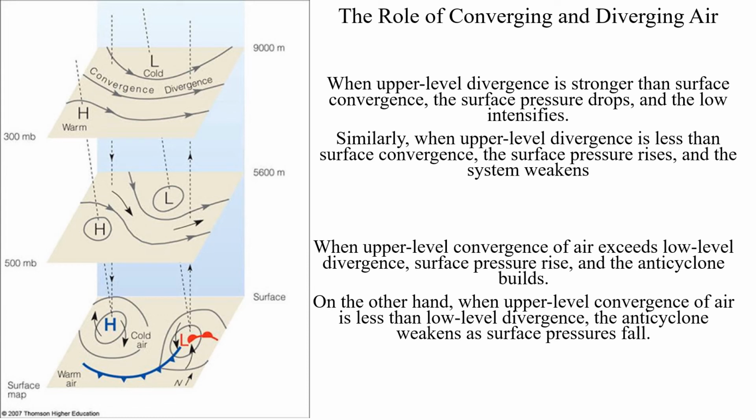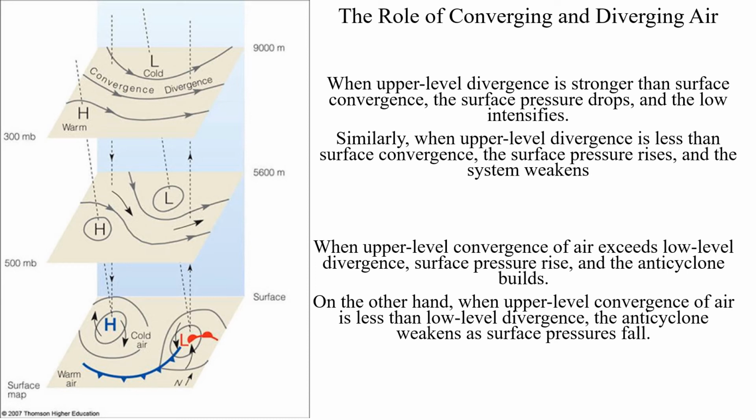We know a ridge means a high pressure system, and this closed high at 500 millibar becomes a ridge at the 300 millibar level. Also, we can see directly above the surface high at 300 millibar there is converging air.